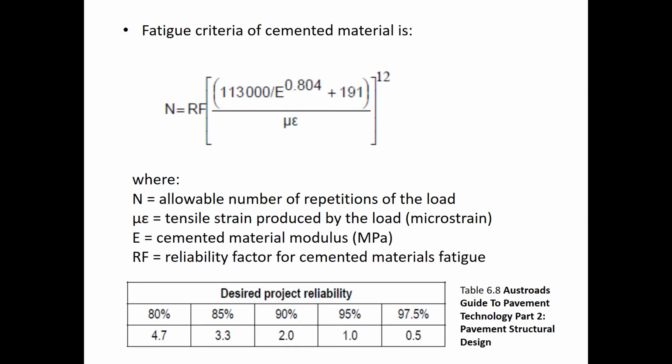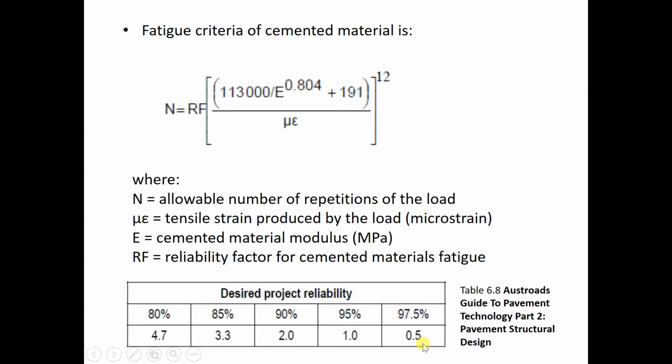So if the design traffic reaches 2 million, it will fail. But if you want to be less reliable, you could increase the allowable to like 3 million or 4 million. So this is a factor here: 3 times, 0.5 times, 1 time, 2 times.